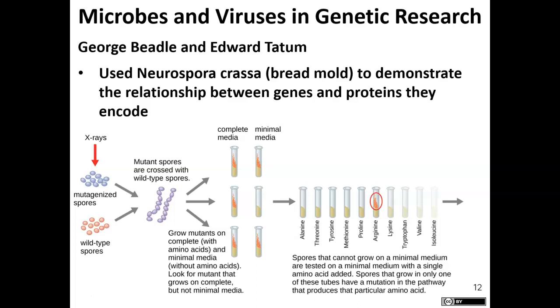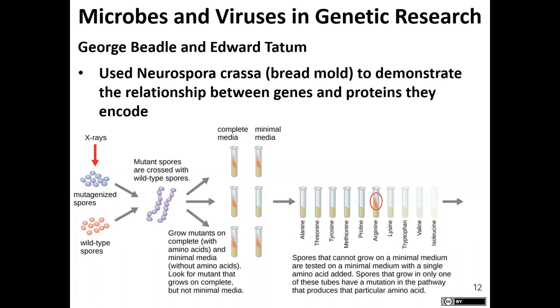Then they would grow the fertilized mold on different media. And this allowed them to see, if they grew the mold on a specific type of media that didn't contain all of the nutrients, what type of mutation had occurred.